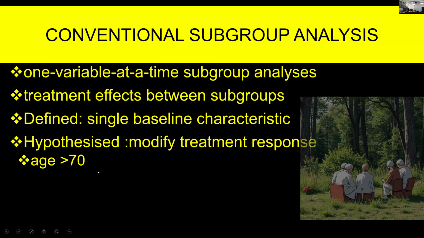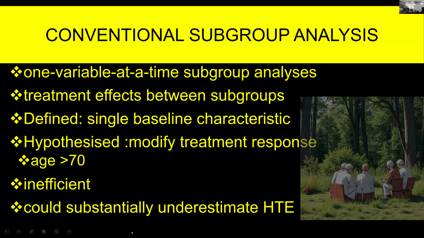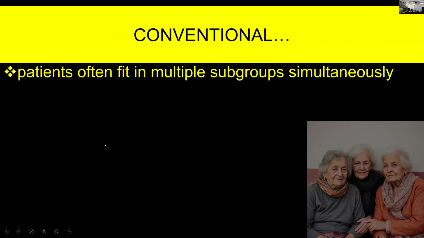So the hypothesis is that if you're more than 70, you will not respond very well. This is an inefficient way because it could substantially underestimate heterogeneous treatment effects. So we're looking at one by one. The heterogeneity is actually lost. You're looking at only one variable at a time.